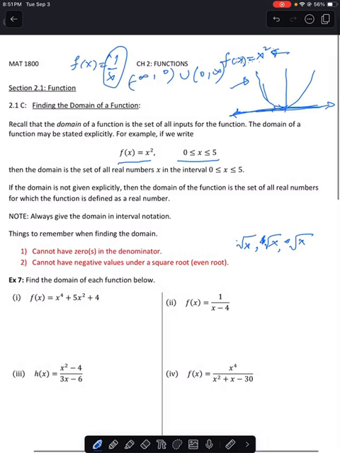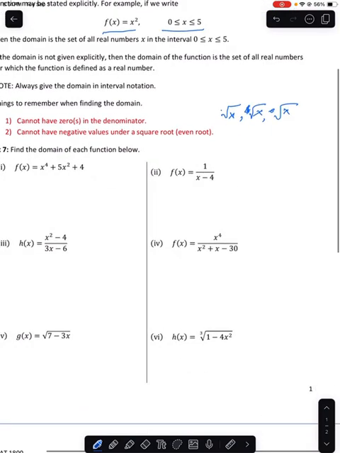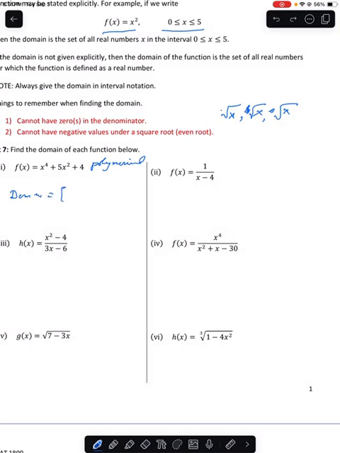If you have a polynomial like this first example here, this is a polynomial. So when you have a polynomial, you don't have to do anything. You just say that the domain is negative infinity to infinity. Or we can say domain and then we don't want to put the equal to sign.